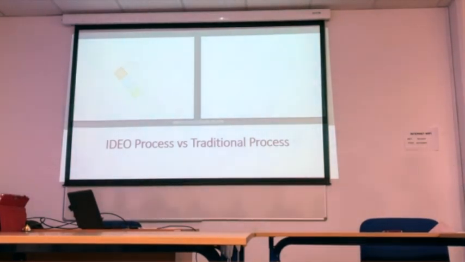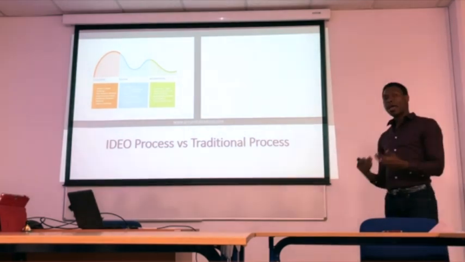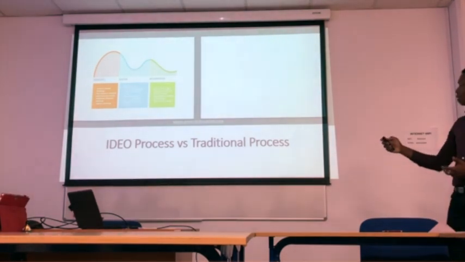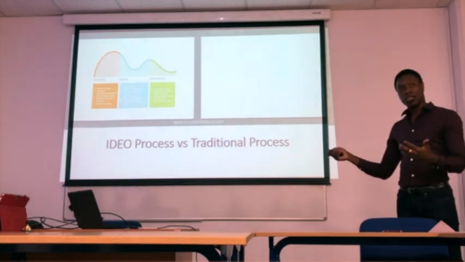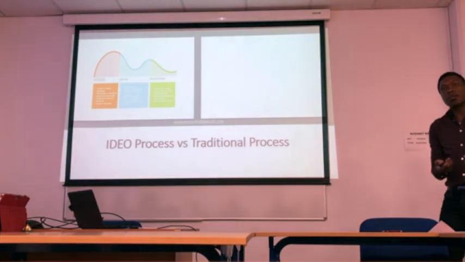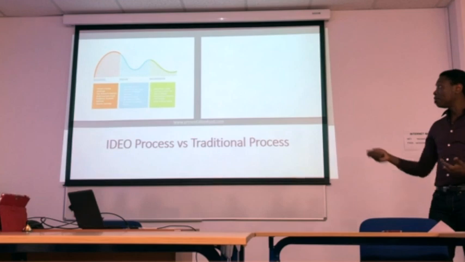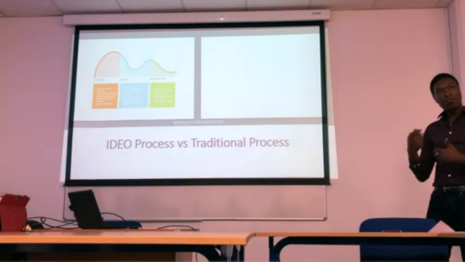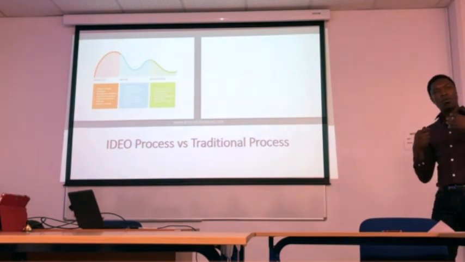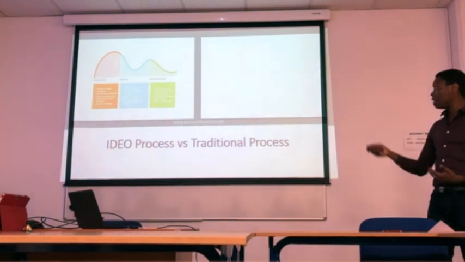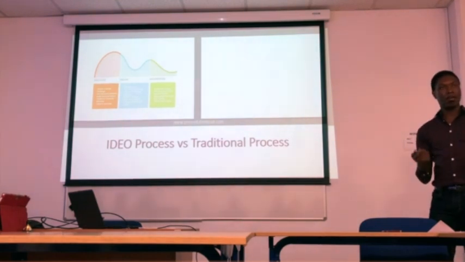The ideal process has the inspiration phase, where you choose a design challenge, exactly what's the problem for which we have to bring a design solution. Then ideation, the phase of brainstorming the possible ways of coming out with a solution. Implementation, trying to test and come out with the final product.